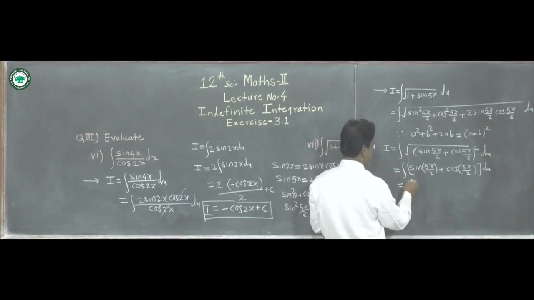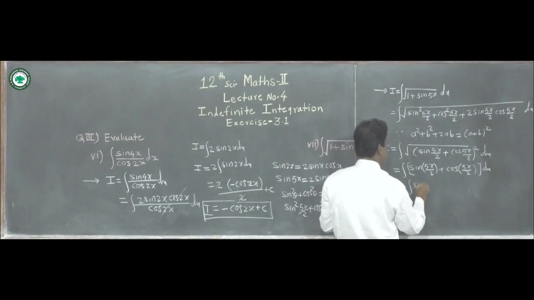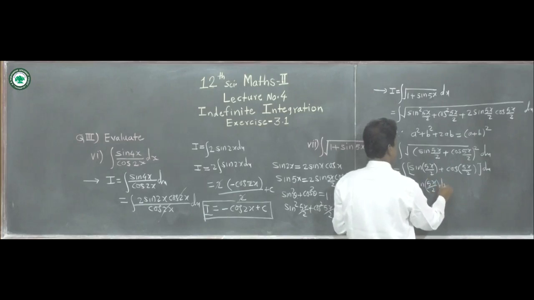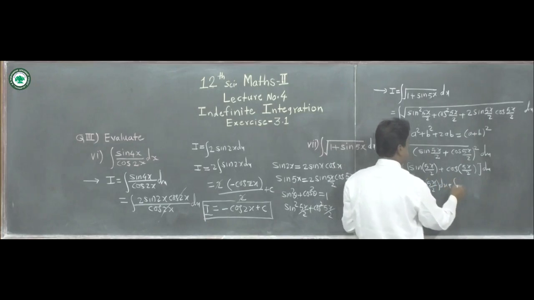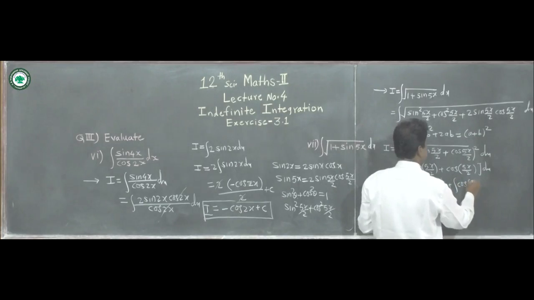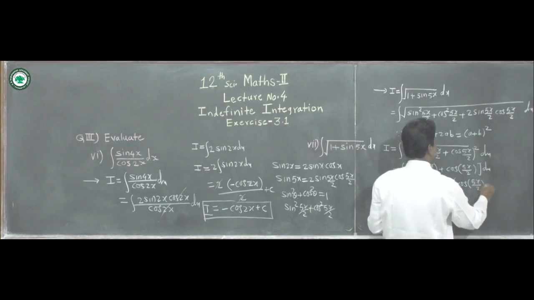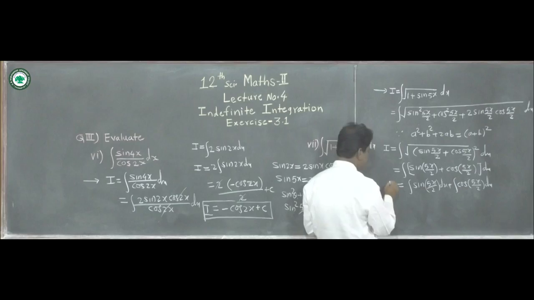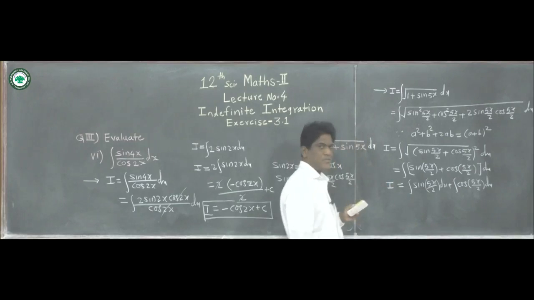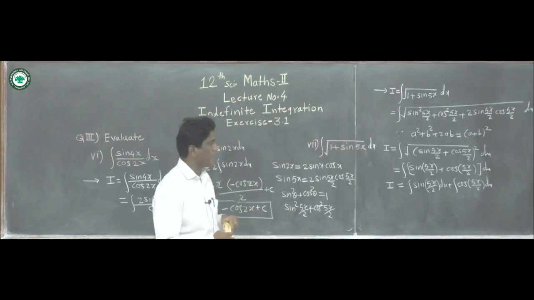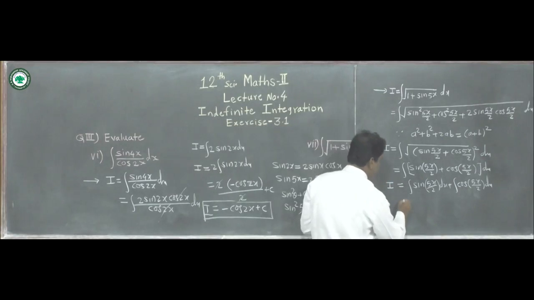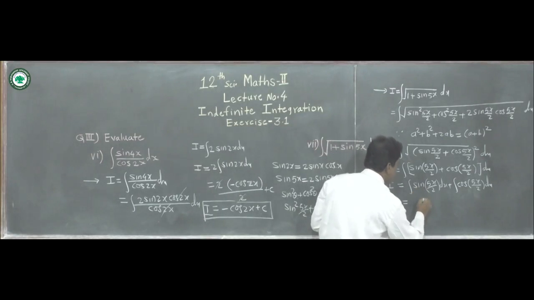This is equal to the integration of sin of πx upon 2 dx plus the integration of cos of πx upon 2 dx. And now we know that the integration of sin is cos and the integration of cos is sin.